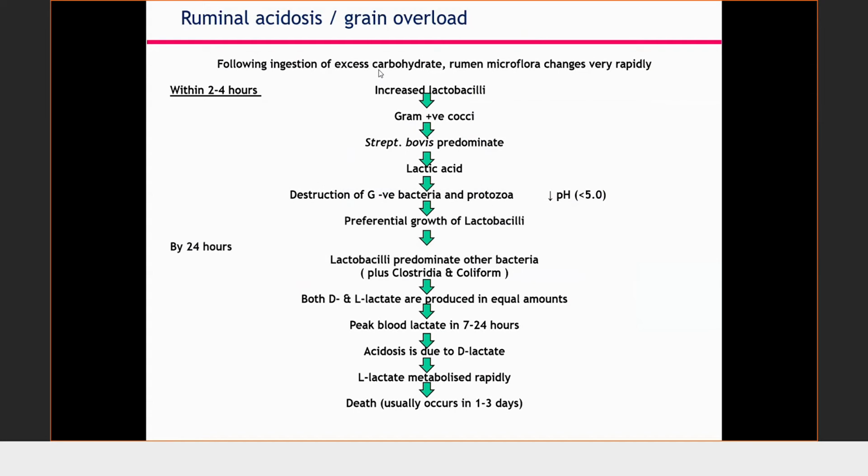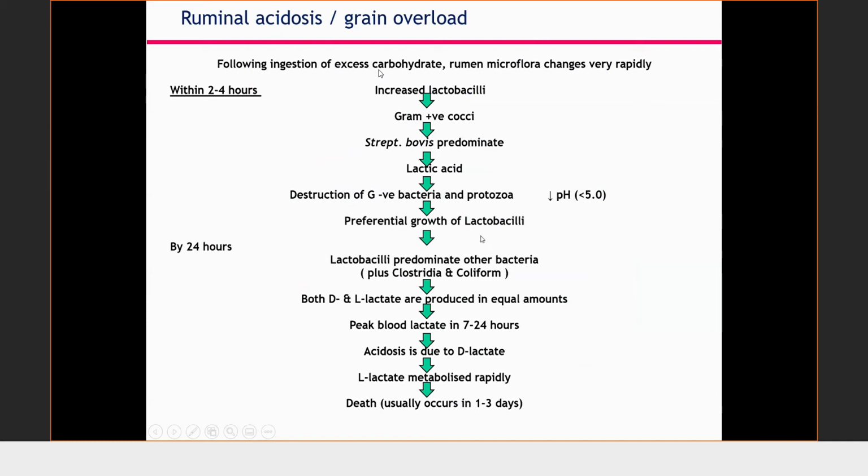Some of the flow chart you can see there regarding ruminal acidosis or grain overload. I mentioned earlier, it might occur as early as 2 to 4 hours. There is an increase in gram-positive cocci and bacilli such as Streptococcus bovis, lactic acid production, and disruption of gram-negative bacteria and protozoa, leading to a decrease in pH.